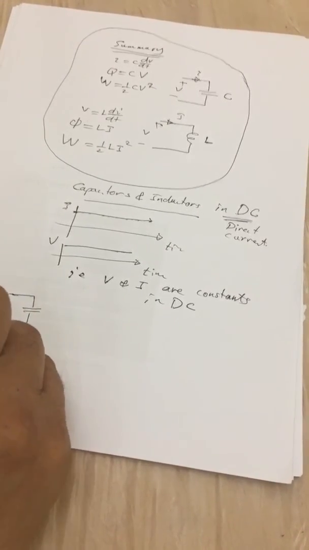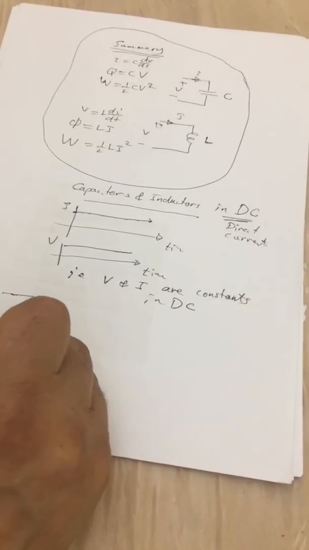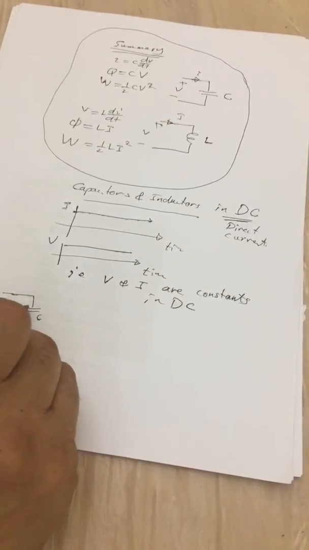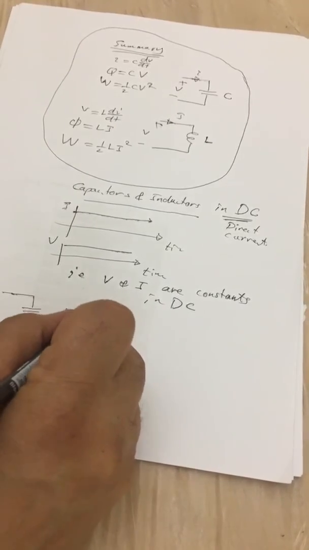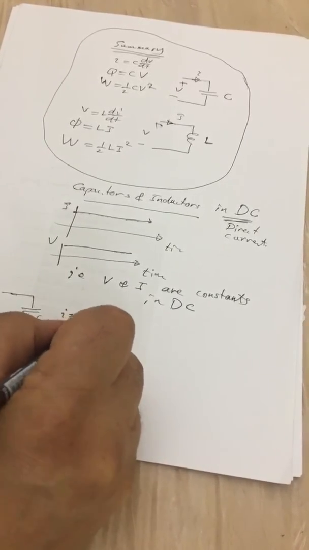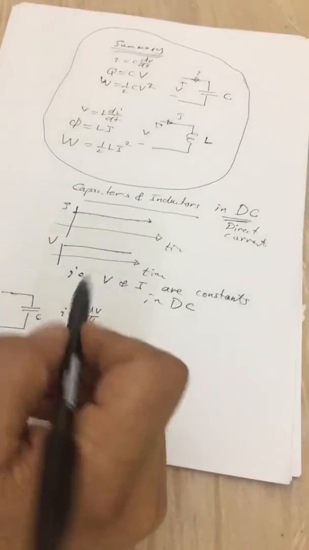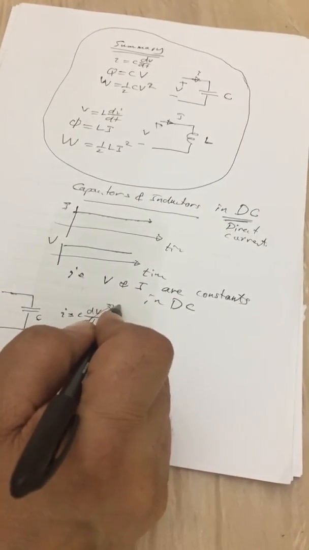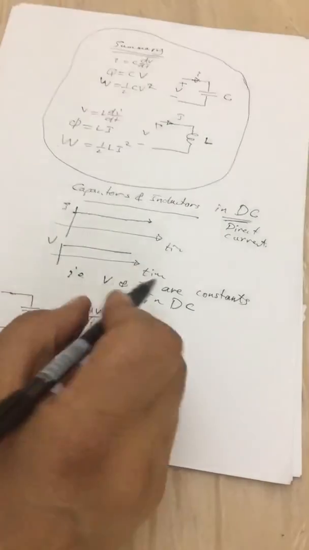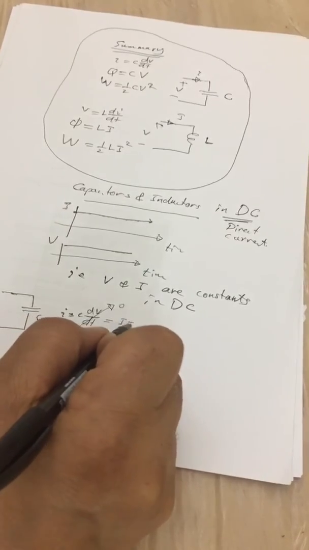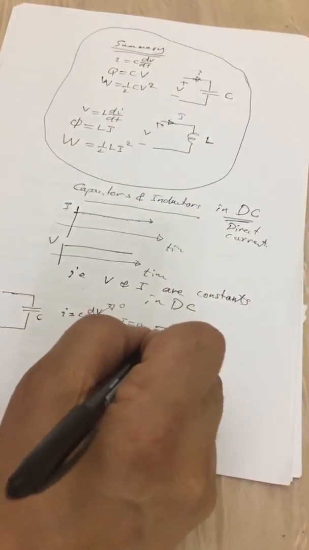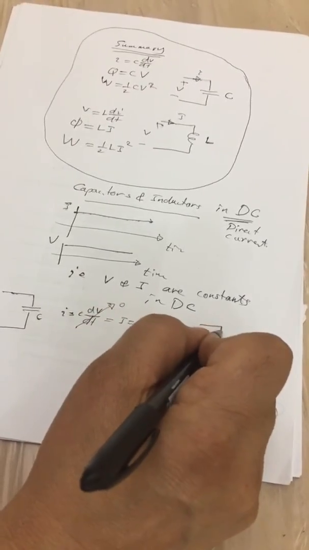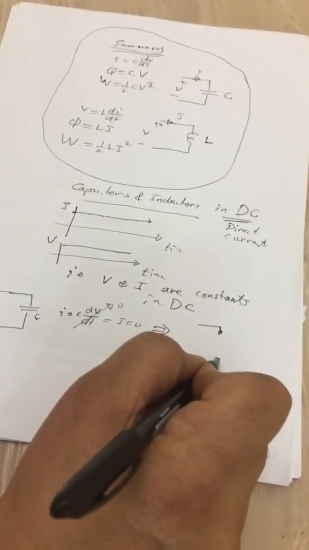So a capacitor with plus minus V in a DC circuit: I equals C dV per dt. Because V is constant, it doesn't change, so this will be I equals 0. Which means that this capacitor will be an open circuit.